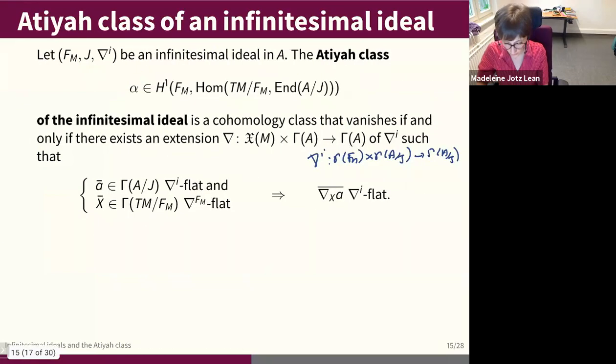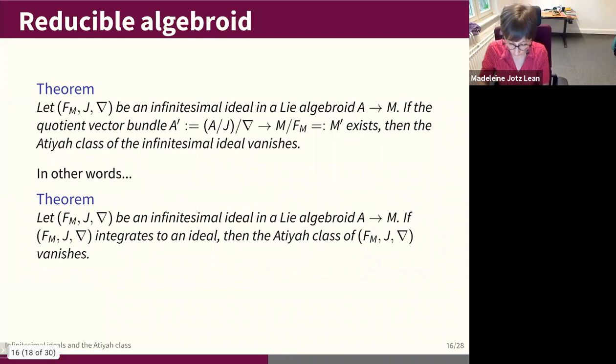So as before, we have a theorem. You start with an infinitesimal ideal system. If the quotient vector bundle exists, and really it has nothing to do with the Lie algebraic structure, then the Atiyah class of the infinitesimal ideal vanishes. Or in other words, if your infinitesimal ideal system is actually an ideal in the sense of Mackenzie and Higgins, then the Atiyah class must vanish.